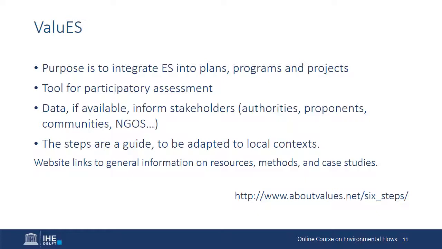So the purpose is to inform people so they can dialogue and negotiate. The website here provides information on what each one of the steps involves, but also has valuable links to other information like other methodologies to assess ecosystem services, tools, even tools to quantify or evaluate, and case studies. I suggest you check this website.